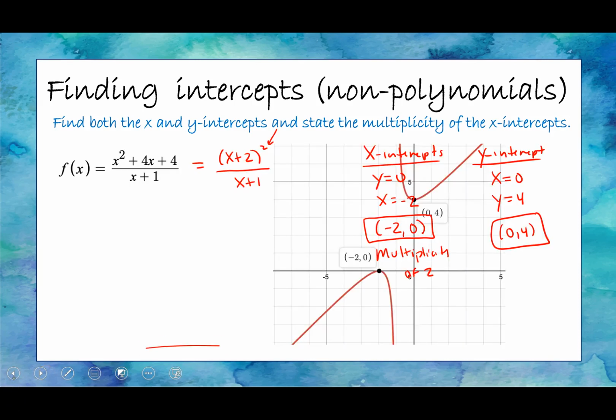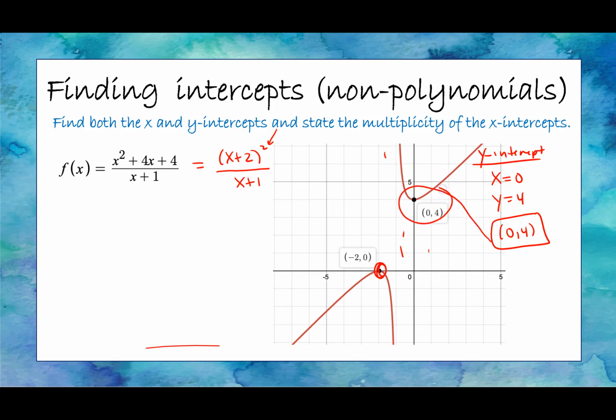Going ahead and looking at this, we can see that that is true at -2. It's a little bit unclear here. You can see that we do in fact have a bounce at the -2 that we identified. And yes, our y-intercept is the 4 that we found right here.